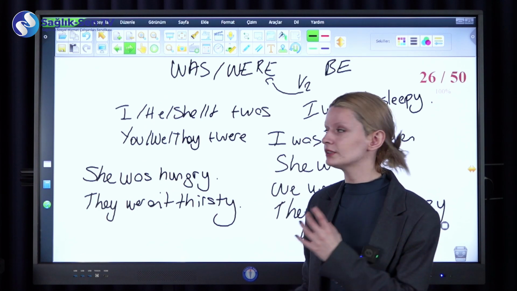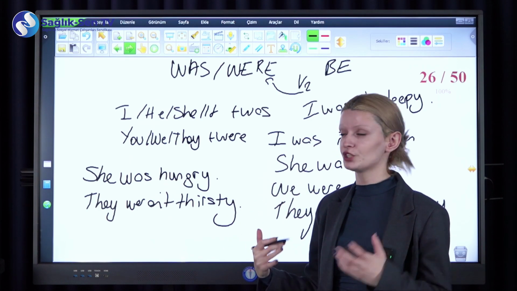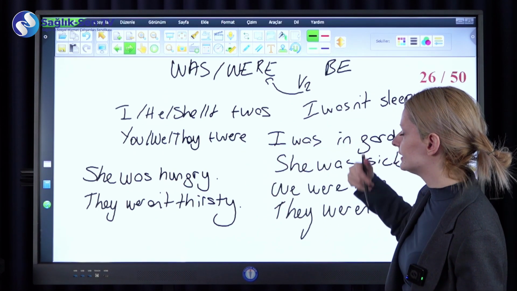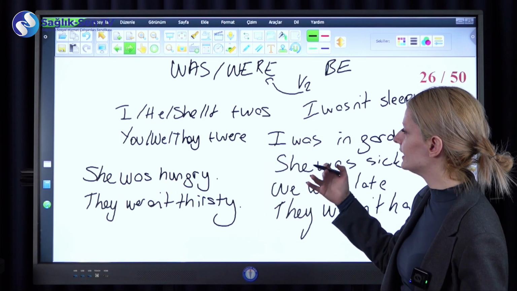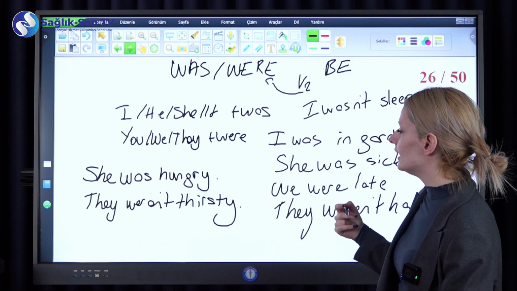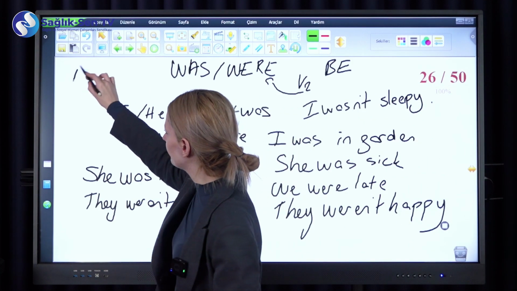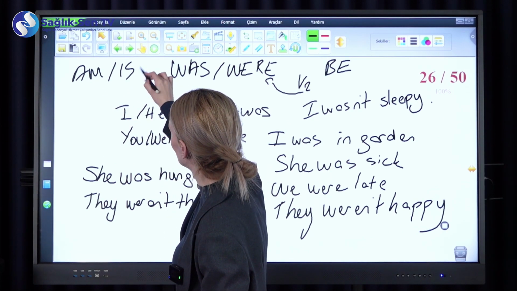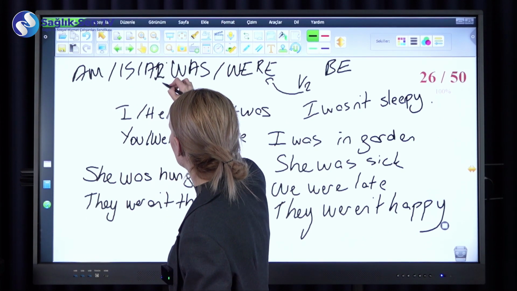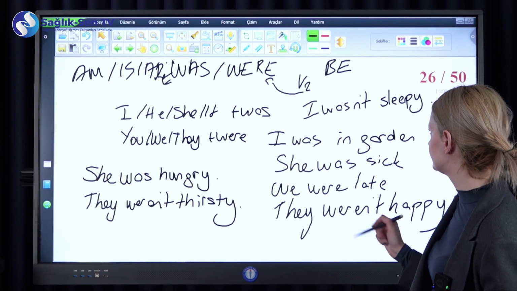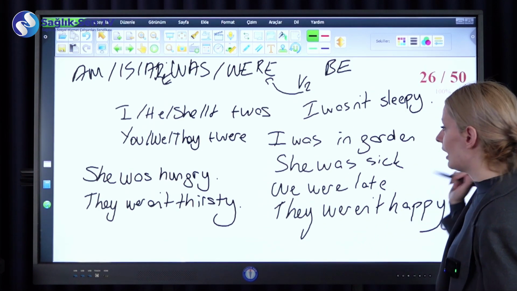Then we have talked about the verb to be, which is was, were. I, he, she, it get was. You, we, they get were. She was hungry, they weren't thirsty. These are the past form of am, is, are actually. She was hungry, they weren't thirsty, I wasn't sleepy, I was in the garden.